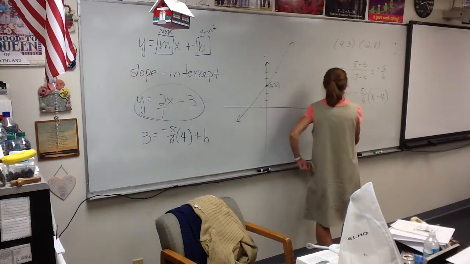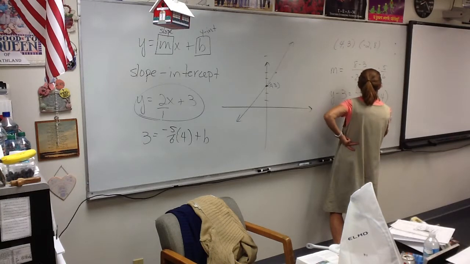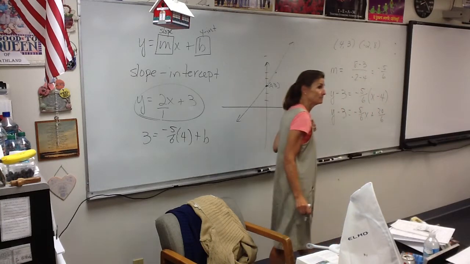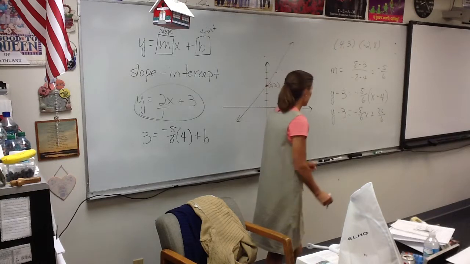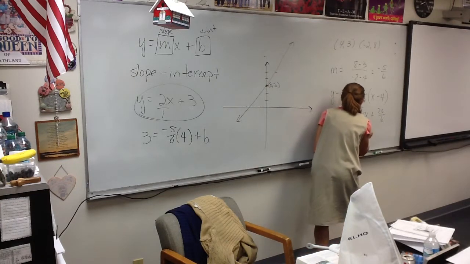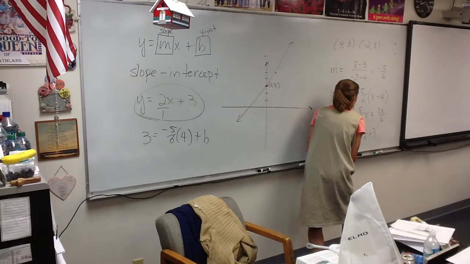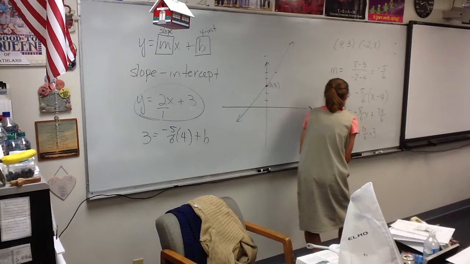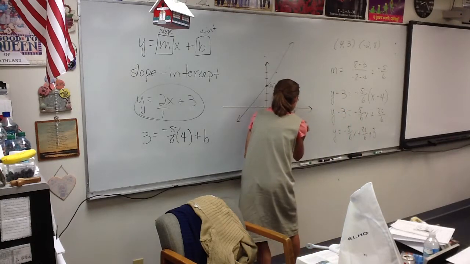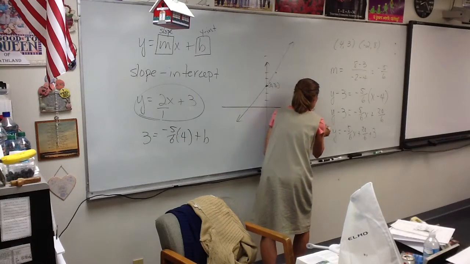So here we go. y minus 3 equals negative 5/6x plus 26/6. Everybody okay with that? So y equals negative 5/6x plus 26/6 plus 3, which is negative 5/6x plus 26/6 plus 18/6.